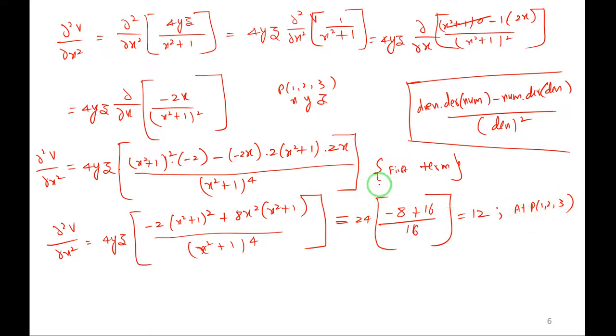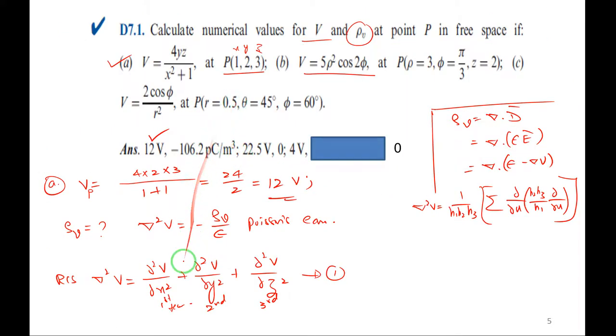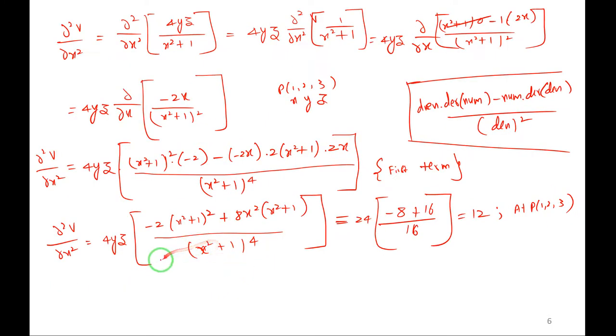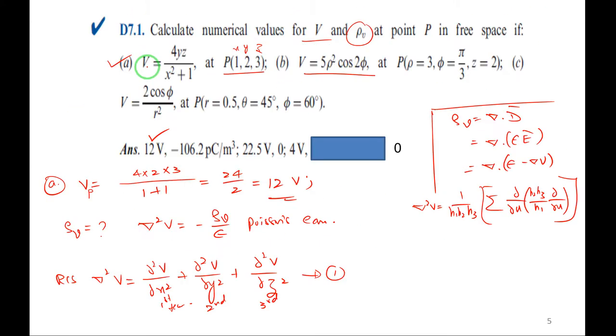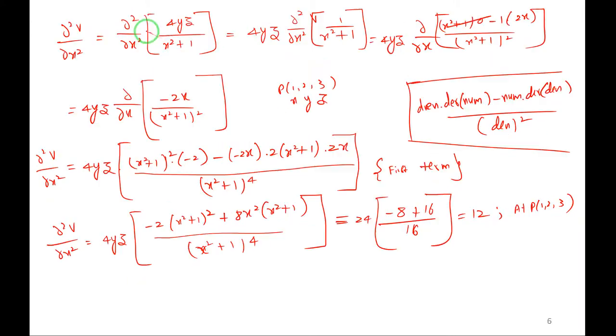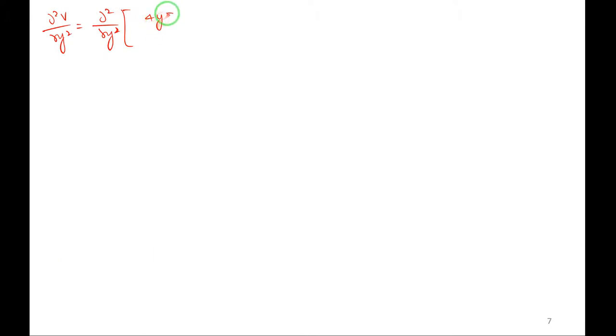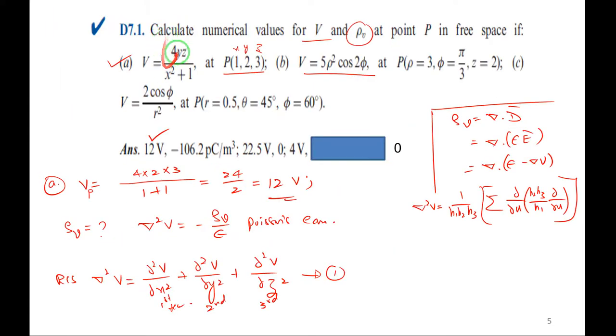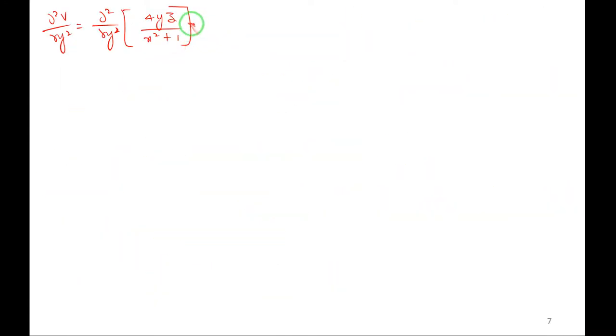Similarly, I will calculate the second term. So the second term is dou square v by dou y square. So dou square, what is v? 4yz by x square plus 1. I hope it is correct. Yes, x square plus 1. With respect to y, others are constant, right?